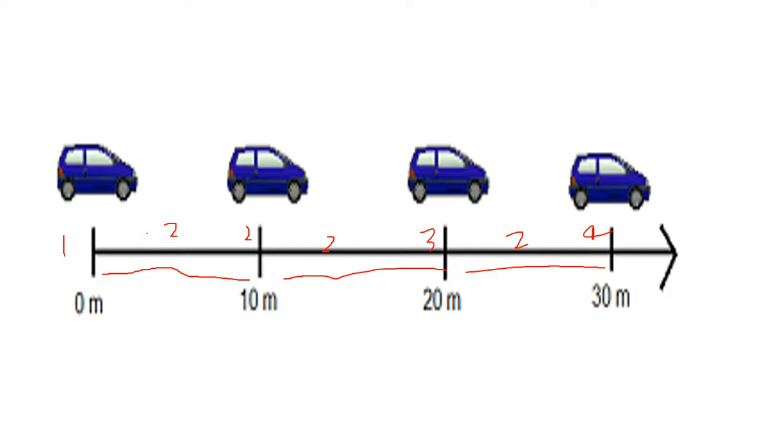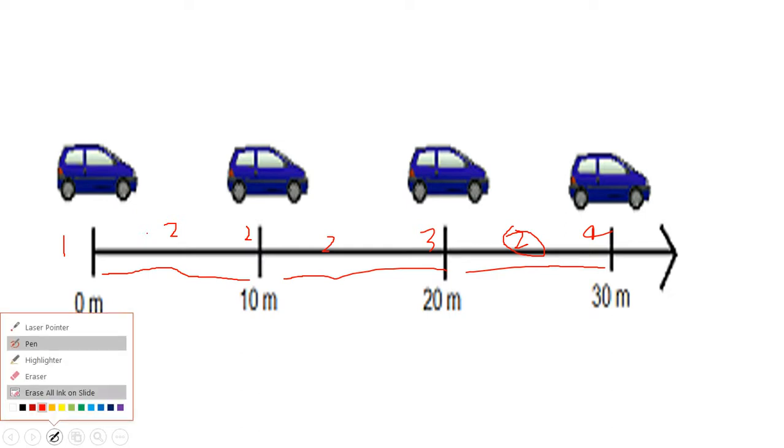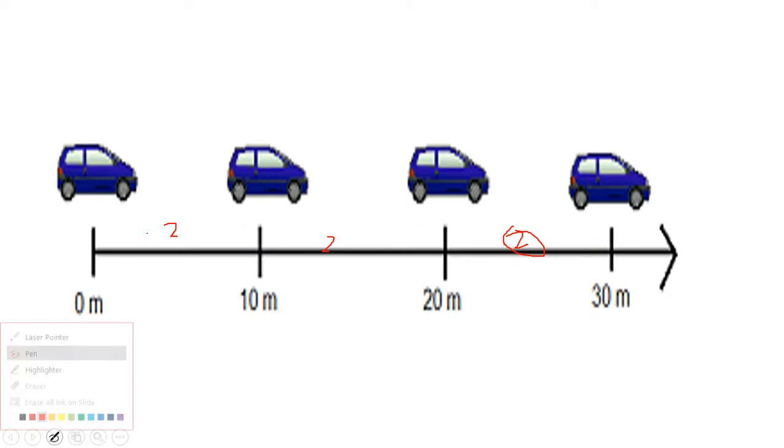Similarly, from point 2 to 3, he takes 2 seconds and moves 10 meters. Similarly, from 3 to 4, he covers same distance in same interval of time. So it is called as uniform motion.